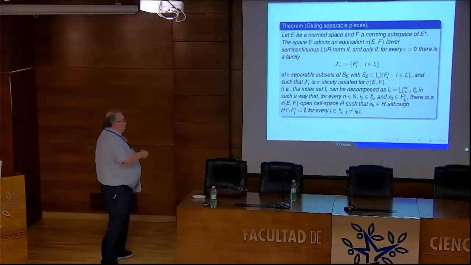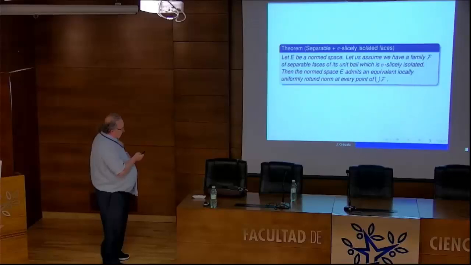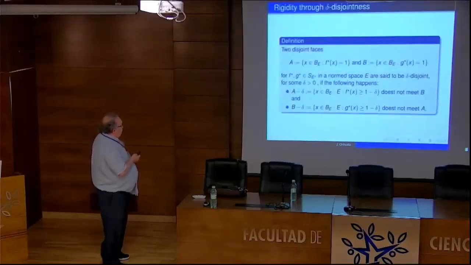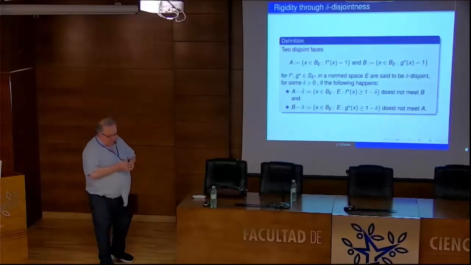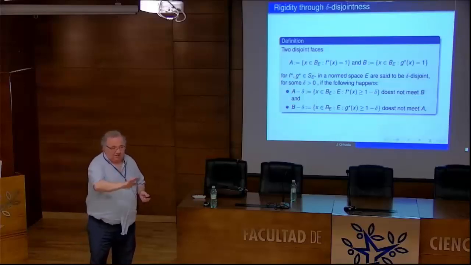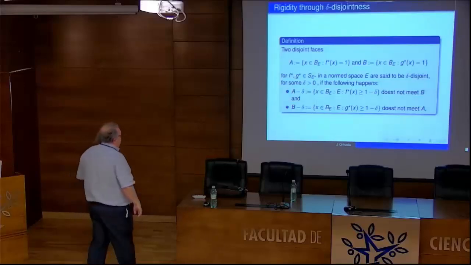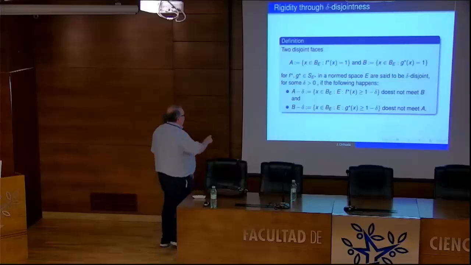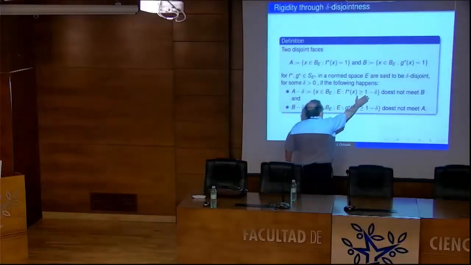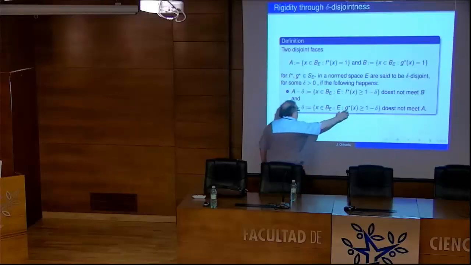We can glue all the separable pieces. I'm not going to enter into these details. I simply go to the end. And before the end, let me say something about these things with the pressed down faces. Pressed down faces means exactly that. I have a face. A minus delta is pressed down. B minus delta is pressed down.